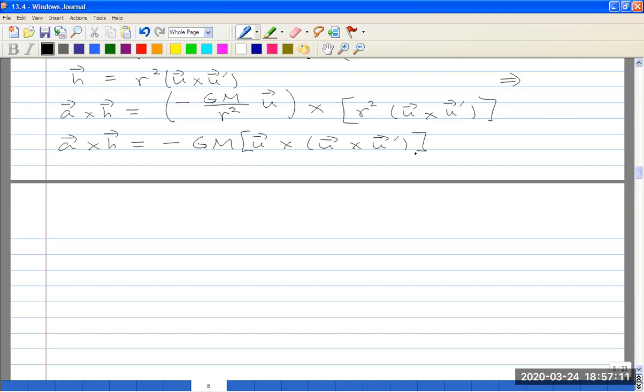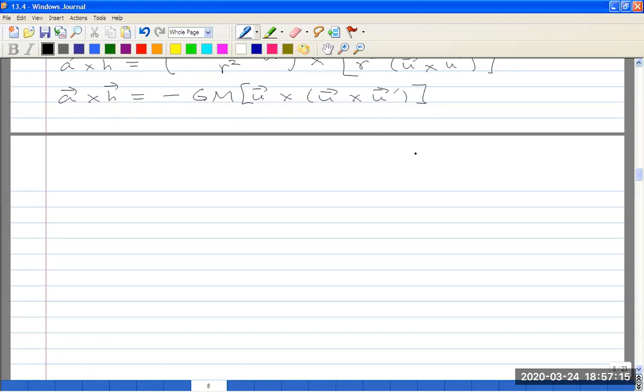And by one of the properties of the cross product, the last one, where I can write the cross product as these things involving the dot product, this is equal to minus GM times U dot U prime U minus U dot U times U prime.